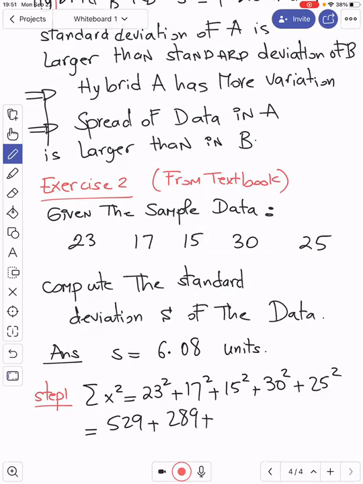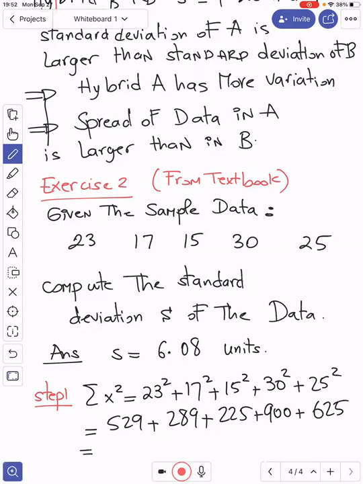Next, 15 squared will be 225. 30 squared will be 900. And 25 squared will be 625.